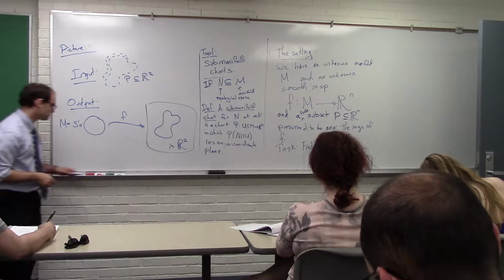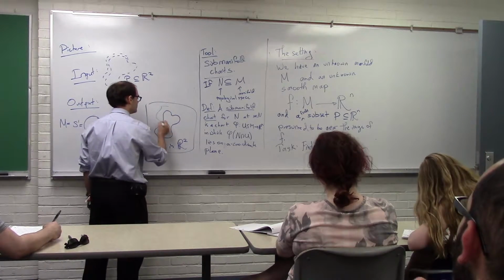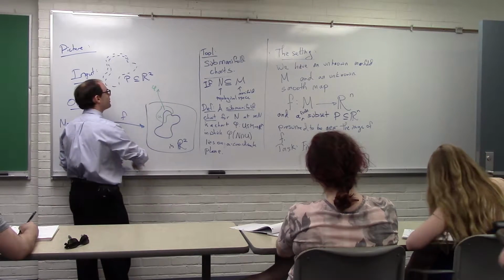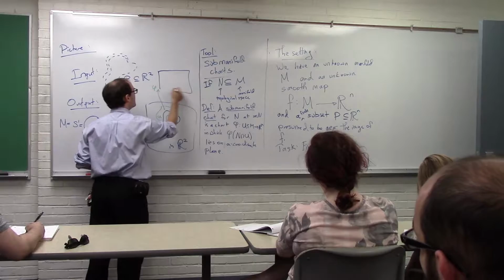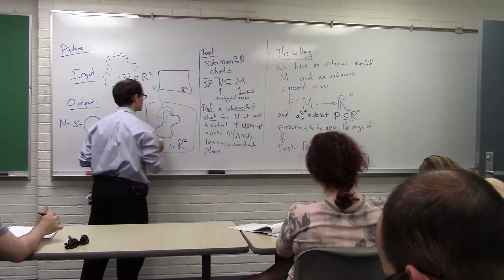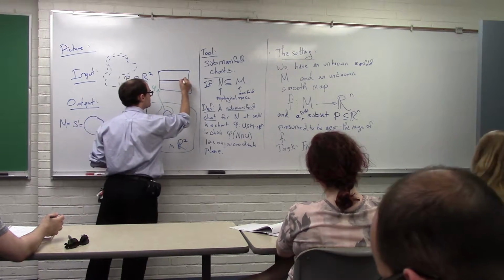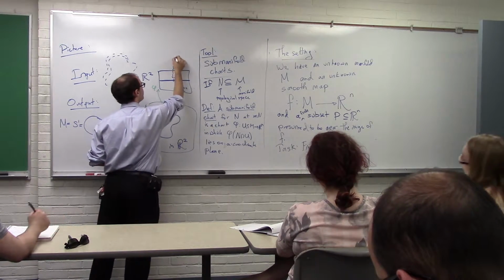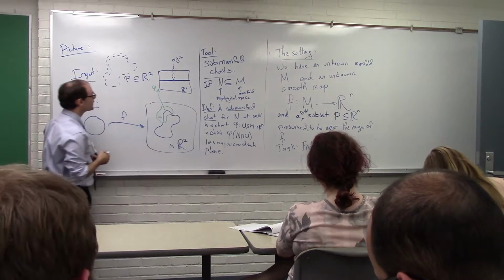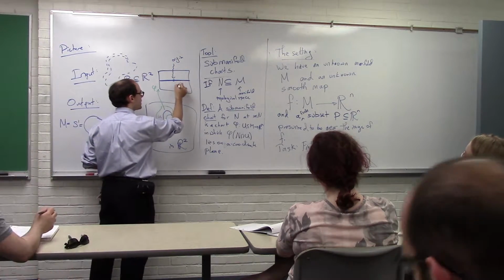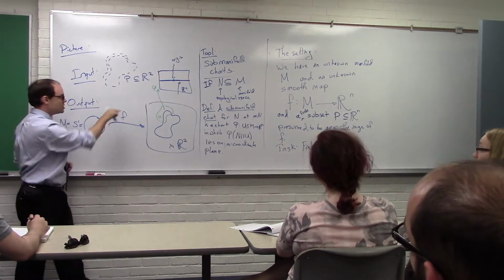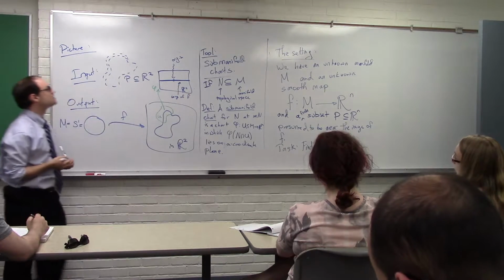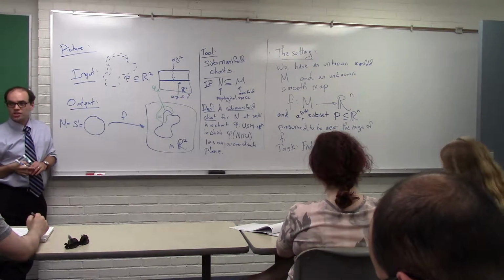Here's a picture. Here's a U. Here's a phi. I'm going to map this into R2. Here's the origin. And this guy here is the image of F. So it lies on the x-axis, for instance.